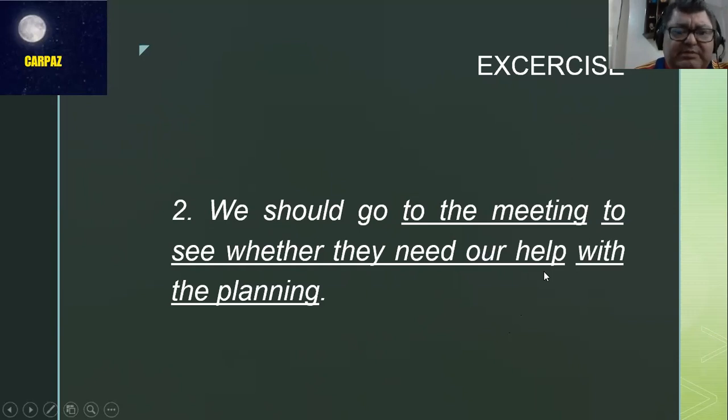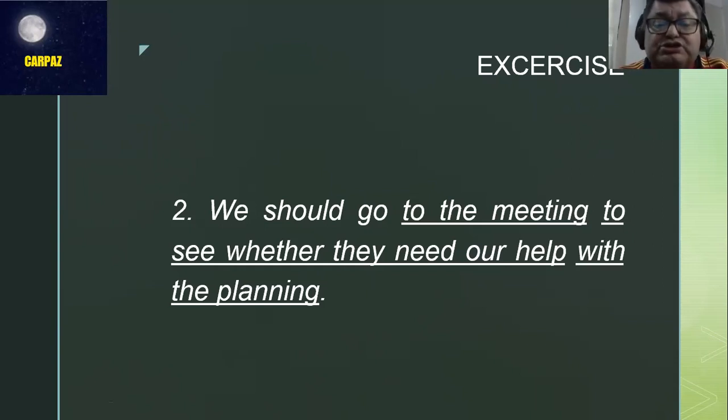Anybody can tell me that is a prepositional phrase because it begins with to. That would be a good analysis, but a bad answer. Why? Because the next word after to is the verb see. And as I explained earlier, to plus the base form of the verb is the infinitive.